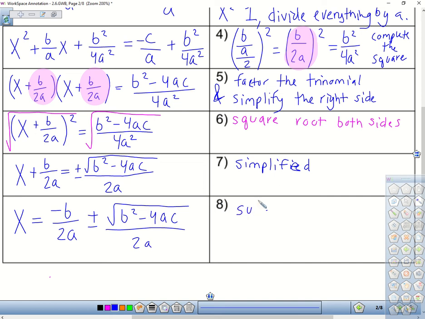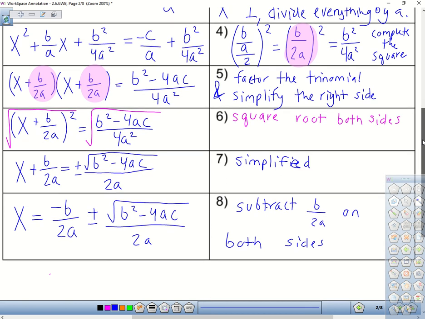And all we did here was subtract b over 2a on both sides. So we're literally one step from the quadratic formula.